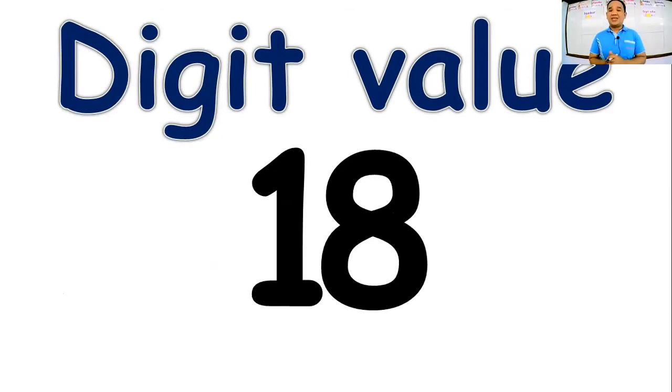When we say digit value, it refers to only a number, not the name itself as in a place value. Take note that digit value is different from the place value.